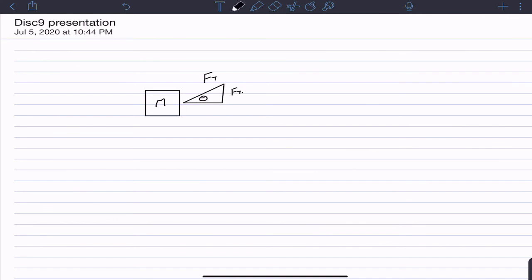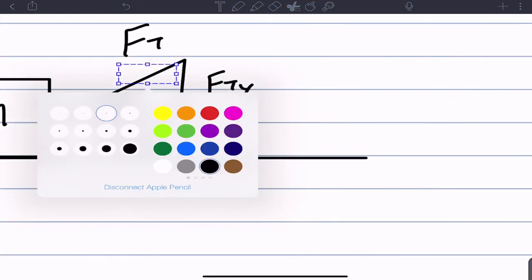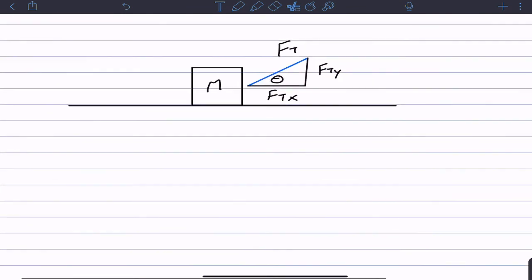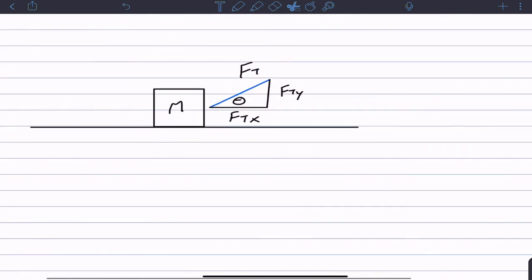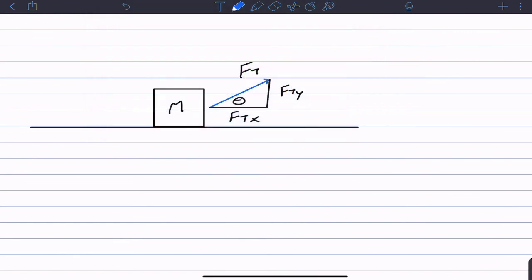And these will be our components for our applied force, Fty and Ftx. This should look pretty familiar by this point. So this piece here is our rope. It's also where our applied force is.